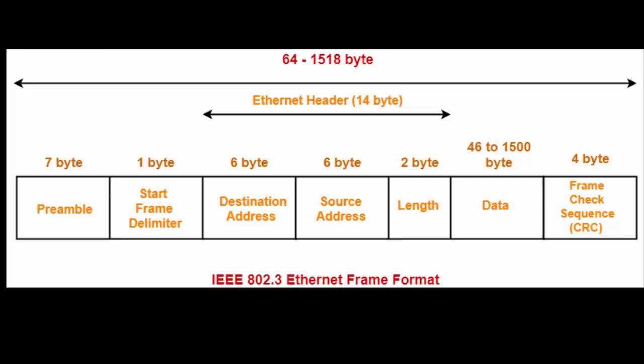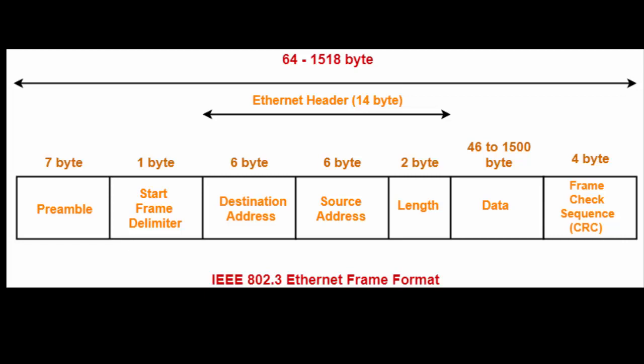So the preamble indicates to the receiver that a frame is coming and allows the receiver to lock onto the data stream before the actual frame begins. The second thing is the SFD, start of frame delimiter. This is a 1 byte field which is always set to 10101011.